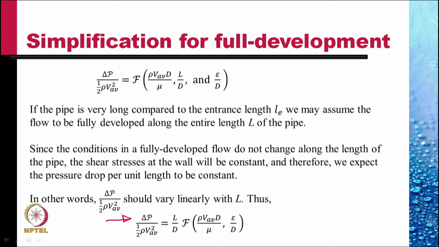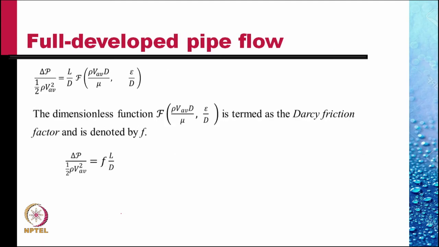Delta P is linear with L, so it can be written as L by D times a function of Reynolds number and epsilon by D. The dimensionless function of Reynolds number and epsilon by D is termed the Darcy friction factor and is denoted by f, lowercase f. So in terms of f, the pressure gradient parameter delta P divided by 1/2 rho V average square is simply f into L by D.